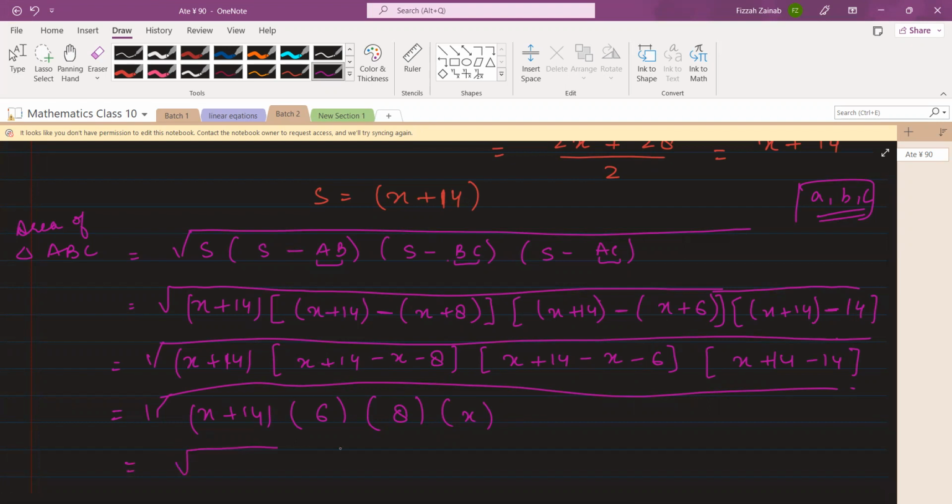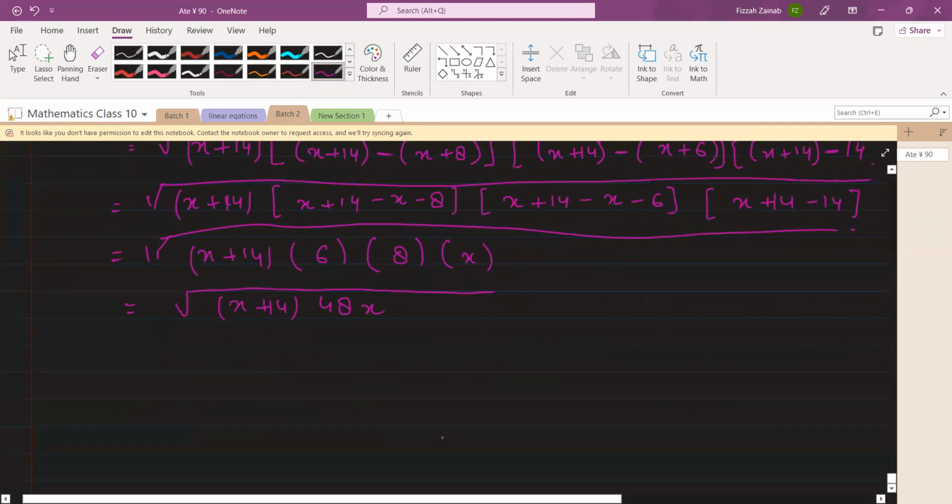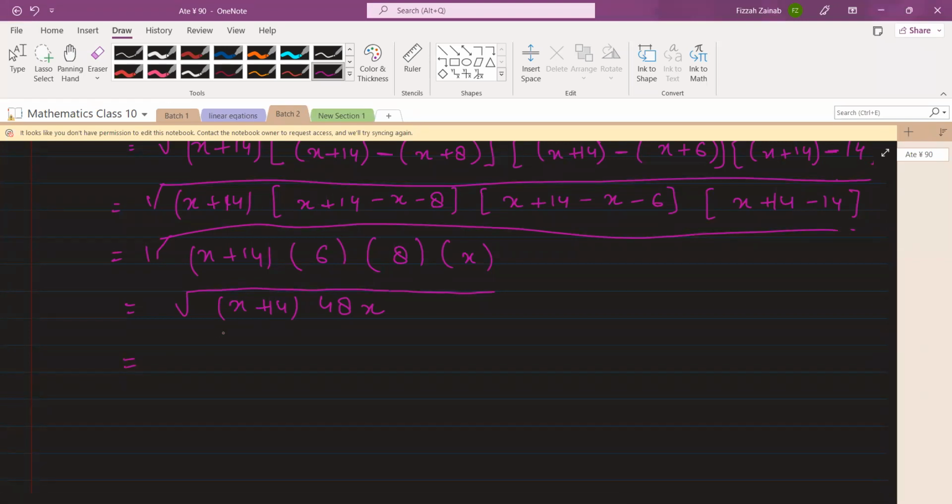So basically I'm now getting x plus 14, and if you multiply this, 6 into 8 is 48x. How will I factorize it?